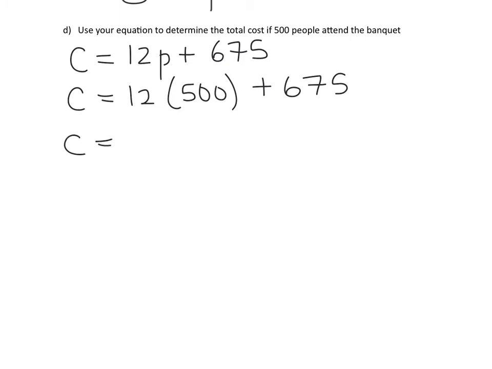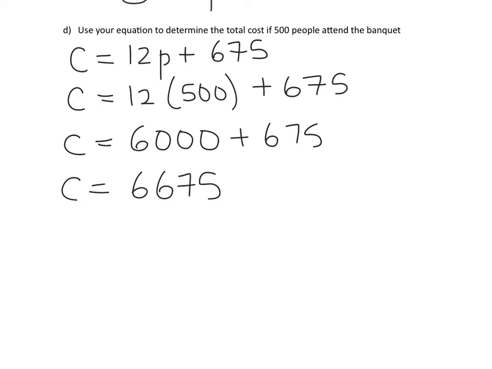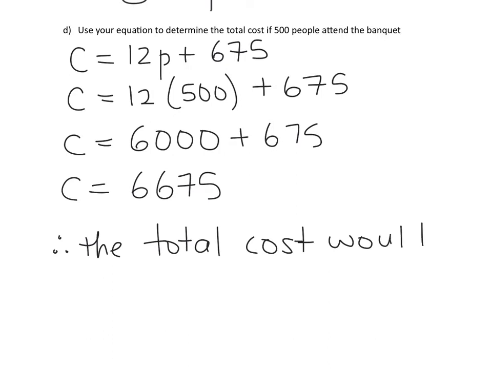So I'm going to start with 12 multiplied by 500, which is going to give me 6,000, plus 675 is going to give me 6,675. So I'm just going to write a sentence. Therefore, the total cost would be $6,675. Don't forget to put in a dollar sign as your unit.